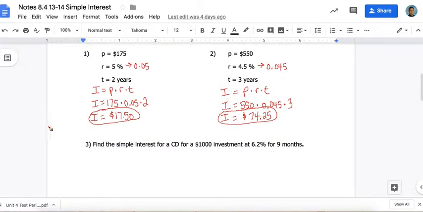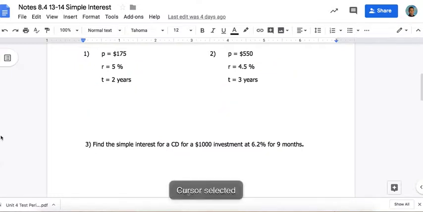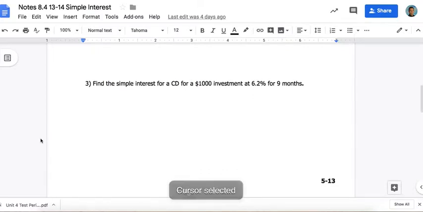Okay, now let's look at some word problems. So number 3 says find the simple interest for a CD for a $1,000 investment. Okay, and a CD is just a way to invest your money. The rate is 6.2%, so we got to change that to a decimal, over 9 months.